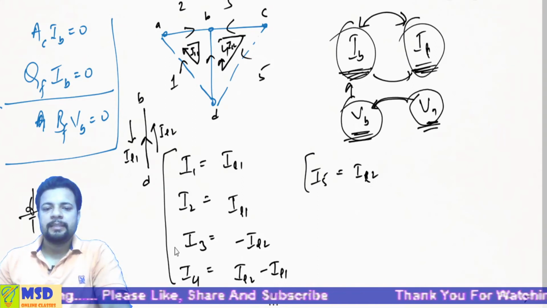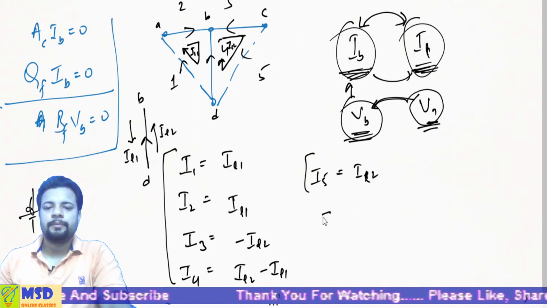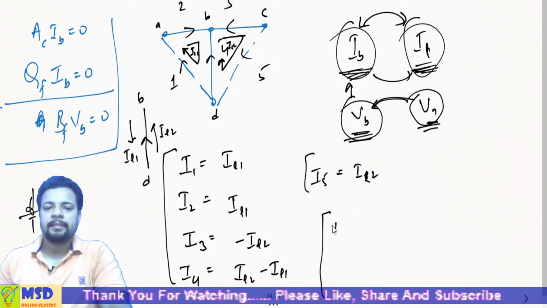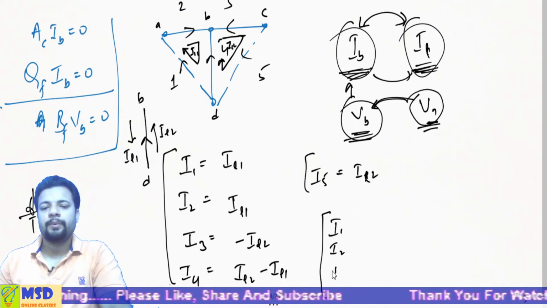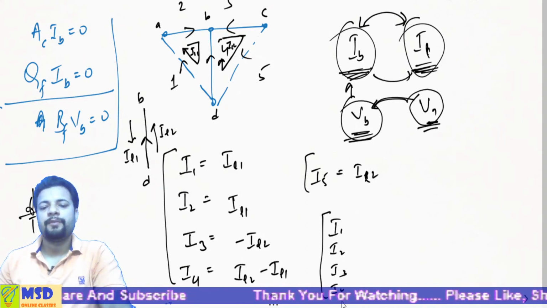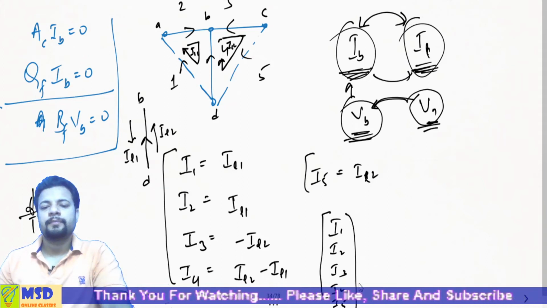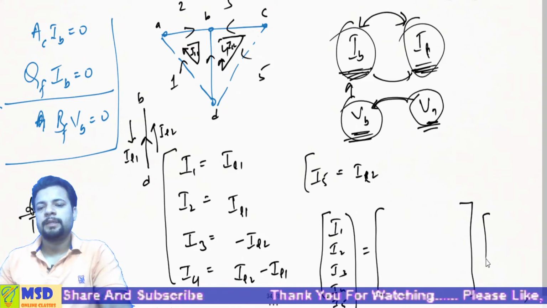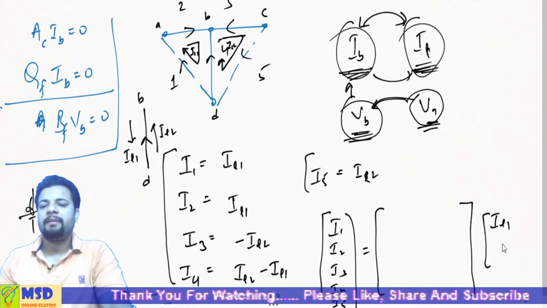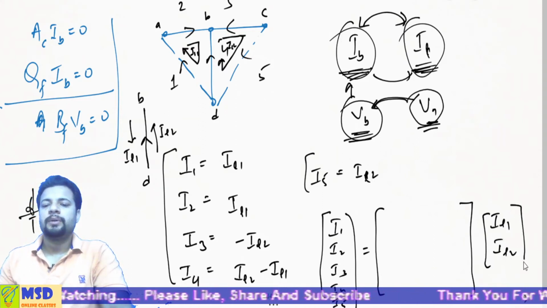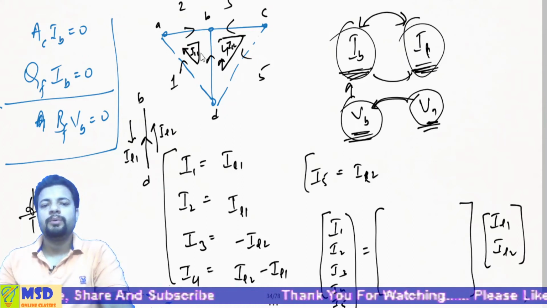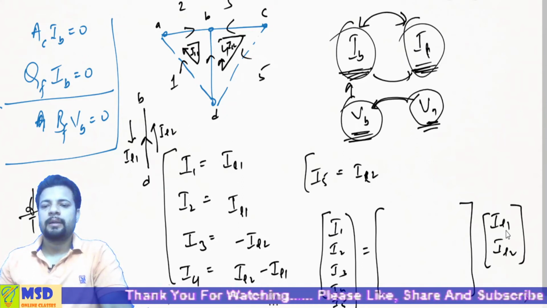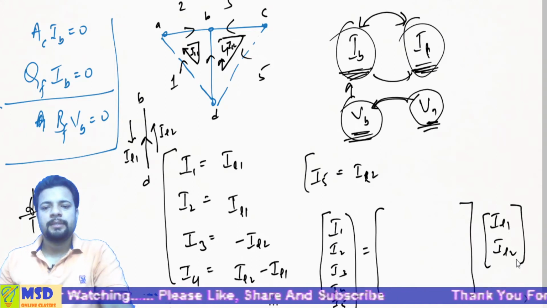So writing these equations in matrix form, I can write it like this: I1, I2, I3, I4 and I5 equal to something multiplied with IL1 and IL2. In the loop current vector, we have only two loop currents, so I'll write a 2 cross 1 matrix here.